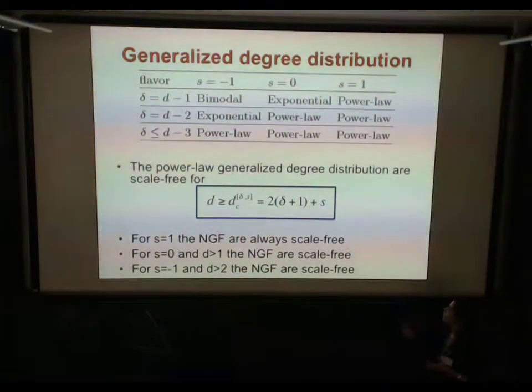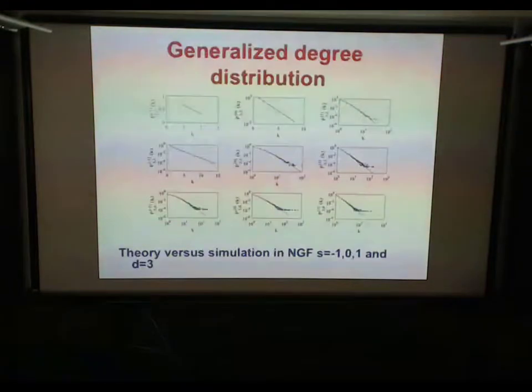The generalized degree of the link is exponential, and the generalized degree of the node is power law. And the generalized degree of the node in 3 dimensions is simply associated with the degree of the node. So in this way you can get the degree distribution, and it fits perfectly well with simulation.